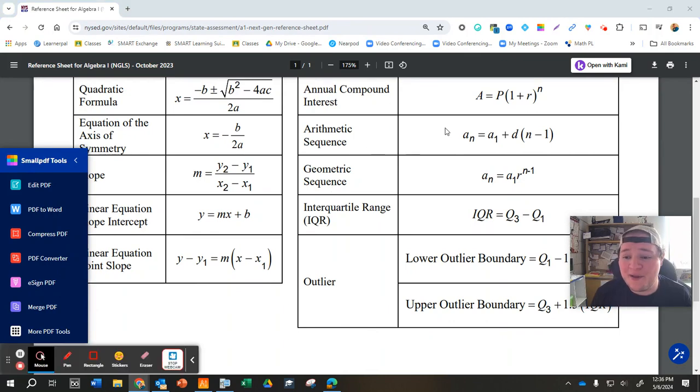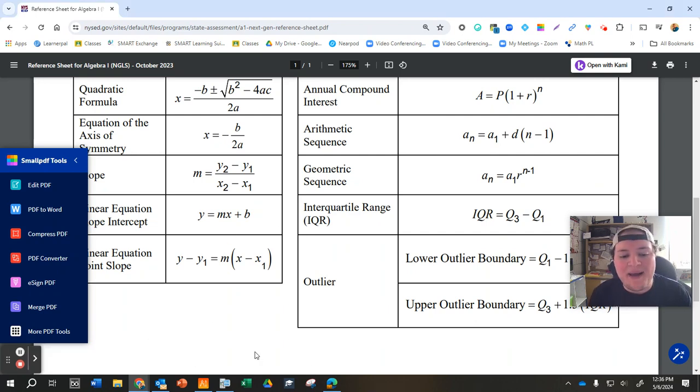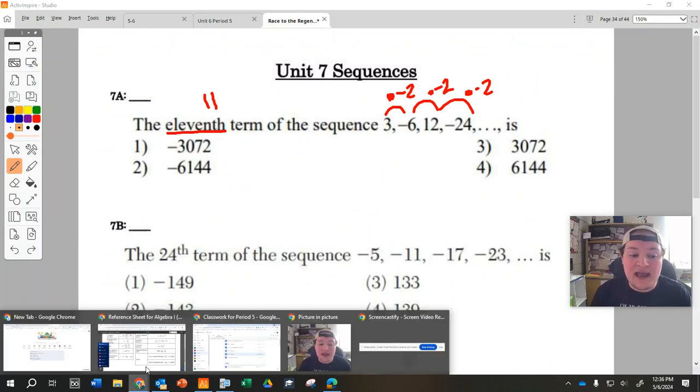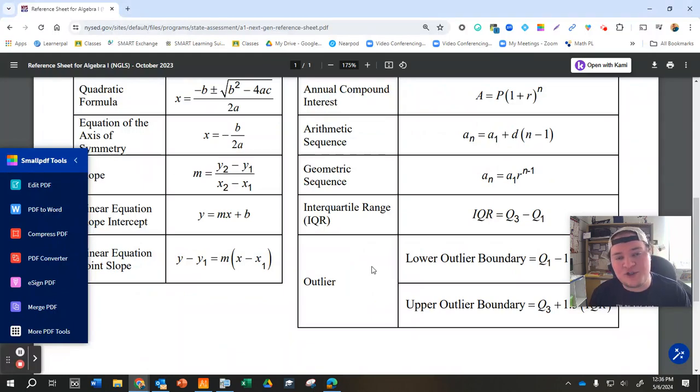So arithmetic means it's being added every time: +4, +4, +4, or minus every time: -7, -7, -7. Our pattern for this is times 2, times -2. If it's being multiplied or divided each time, which is pretty rare, it's times by a fraction, it's called geometric. So a geometric sequence is when it's being timesed every time, which is what we have here.